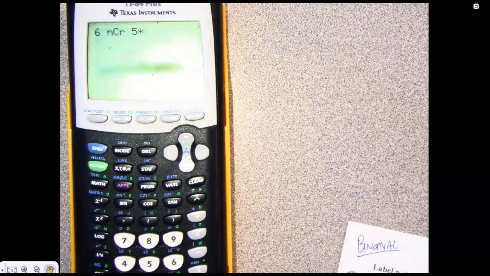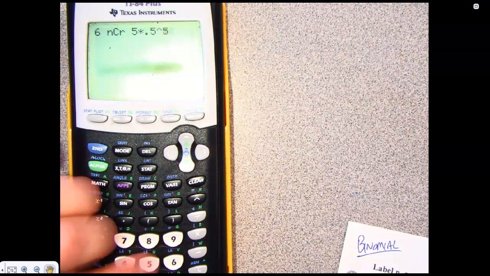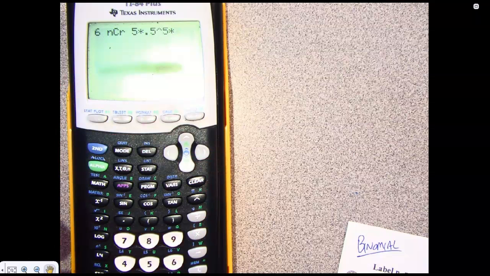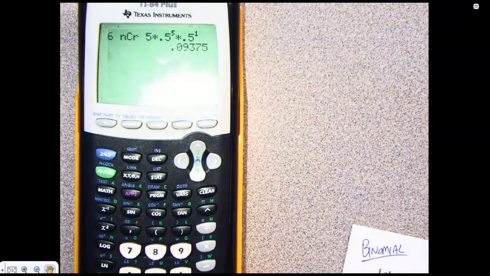I'm just going to do it all in one row. 6, choose 5 times 0.5 to the 5th times 0.5 to the 1st. So it's 0.09375.